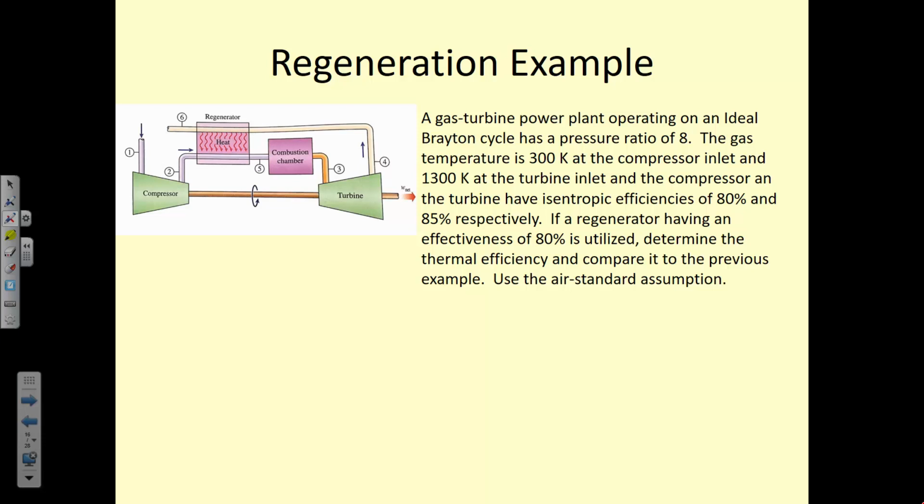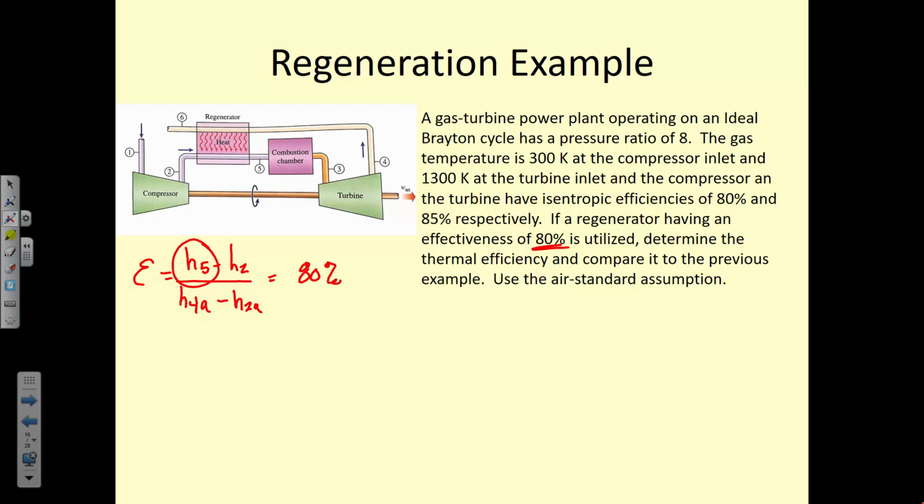Okay. So if our regenerator has an effectiveness of 80%, so our regenerator effectiveness equals (H5 minus H2) over (H4 actual minus H2 actual), because we're still working with the actual turbine, not the isentropic turbine, is equal to 80%.